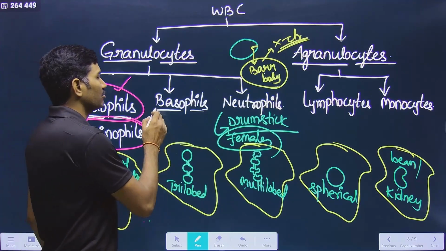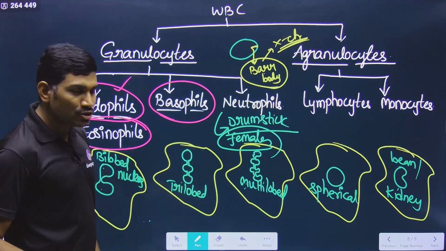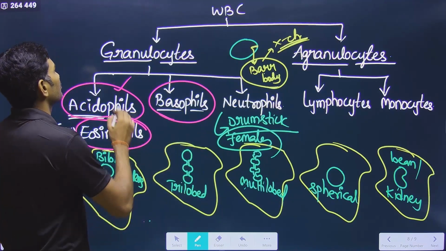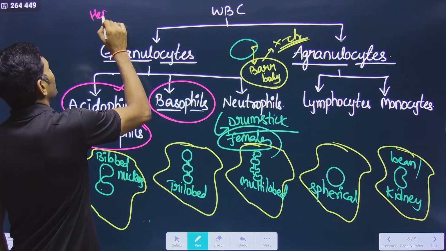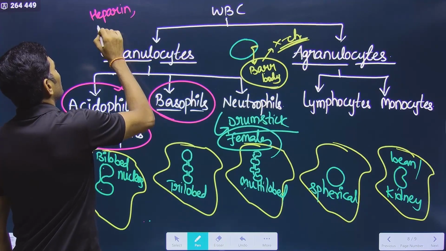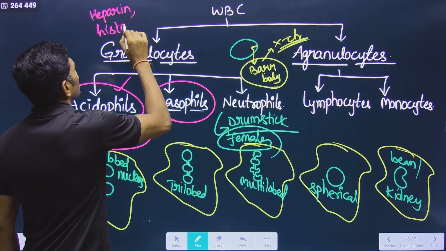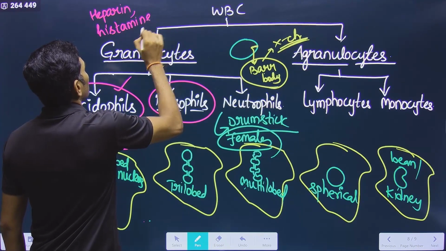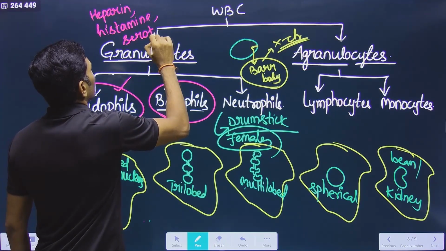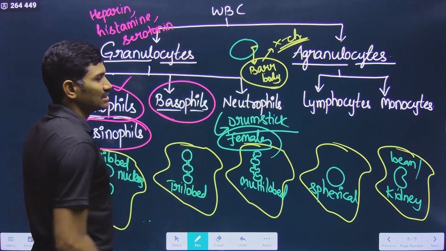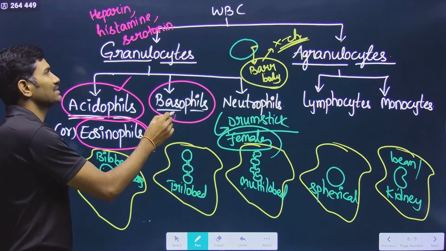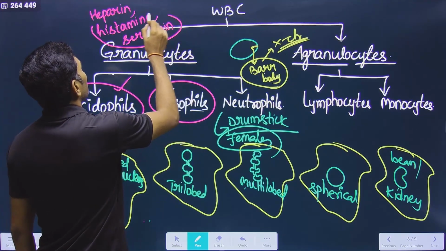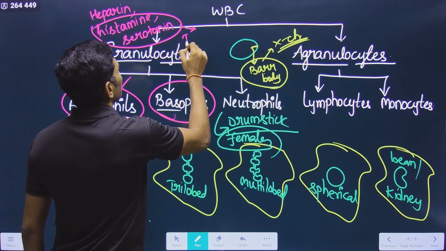And now we are talking about the basophils. Generally they are releasing some compounds like heparin, histamine, and serotonin. They are having different functions, but mainly these basophils are releasing histamine and serotonin in relation with inflammation.